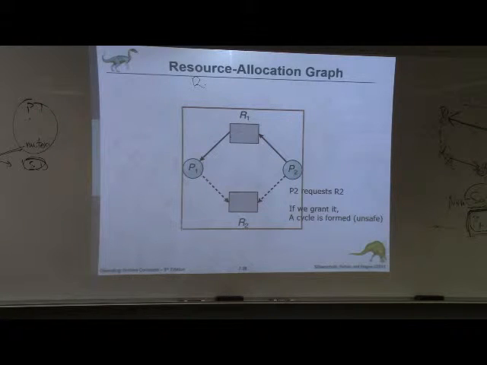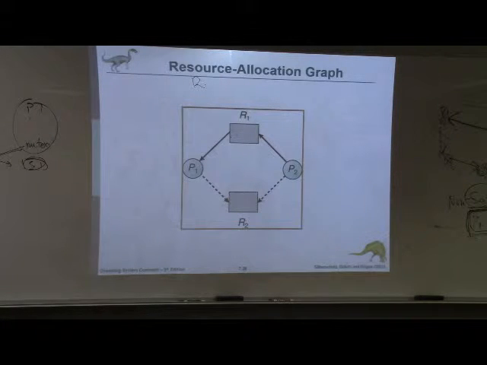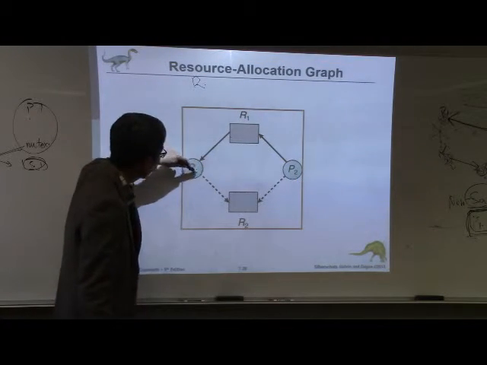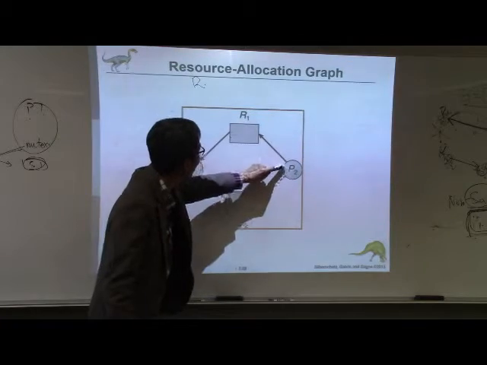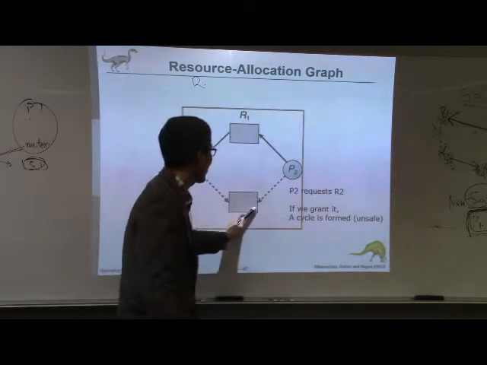So using the resource allocation graph, the state is unsafe if we grant the request. Okay. So for example, here P1 is holding resource R1 and requesting this one. P2 is requesting this one, and P2 requests R2.